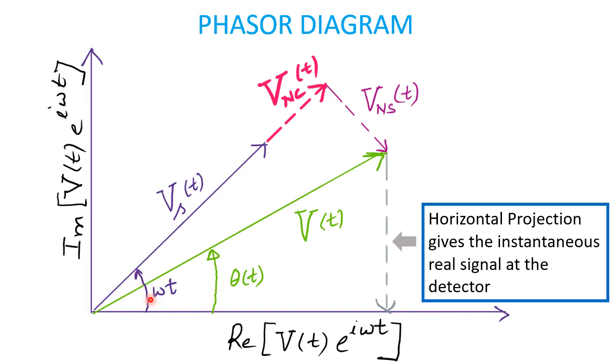So this is how all of these are essentially rotating, and my instantaneous real part of the signal that is detected at the detector is simply a horizontal projection of this final green vector at any instant in time, right? So that is what is detected. So this horizontal length from here to here, which is the projection, is precisely what is instantaneously detected at the detector, right?